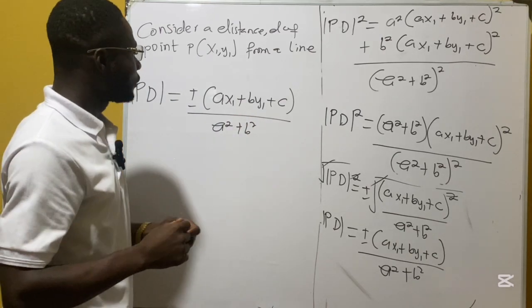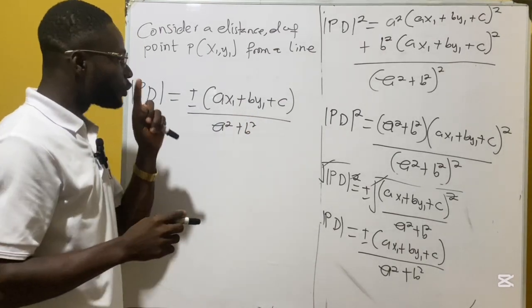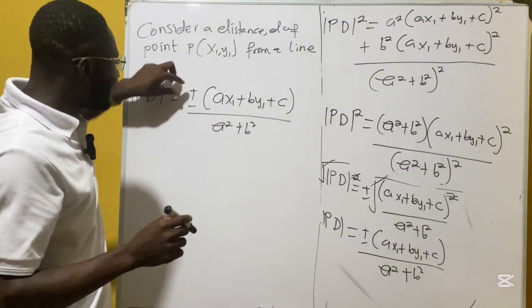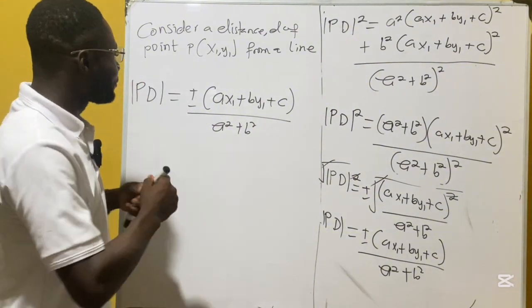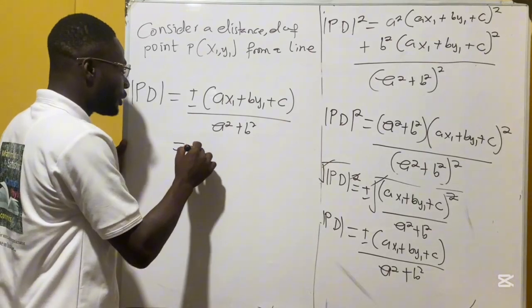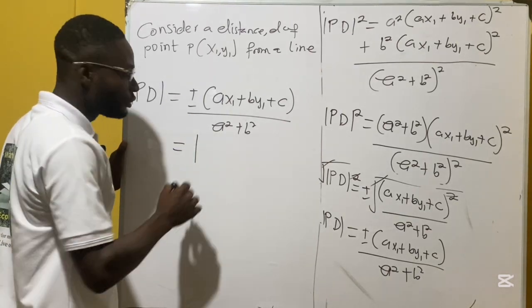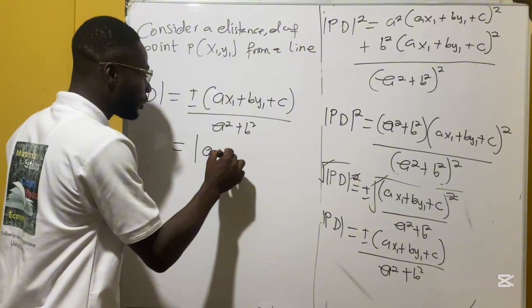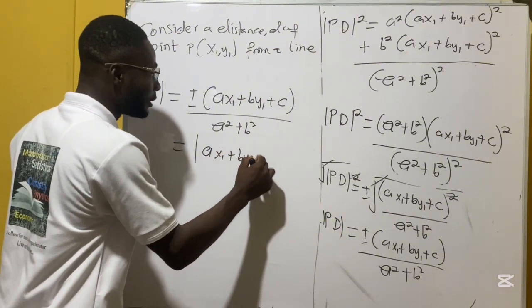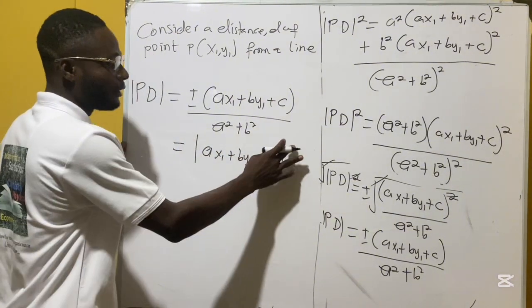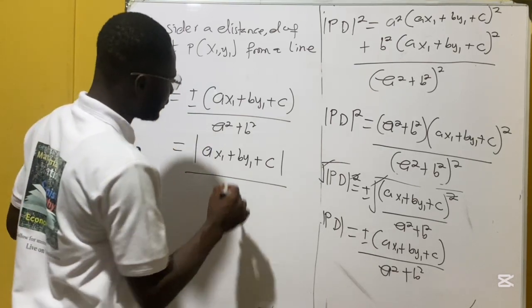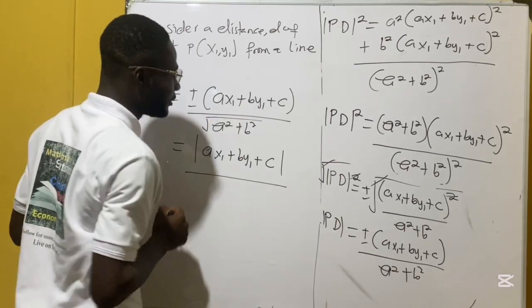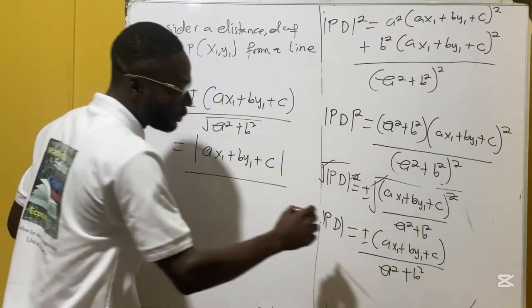So this plus or minus is basically telling us that we can use the absolute value of ax1 plus by1 plus c, all over, we forget the square root.